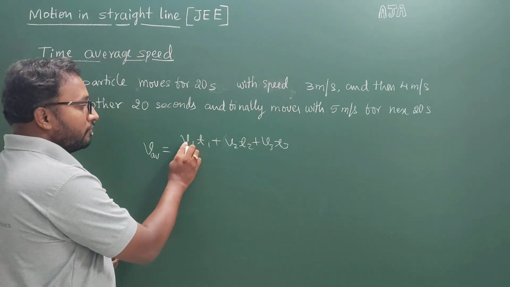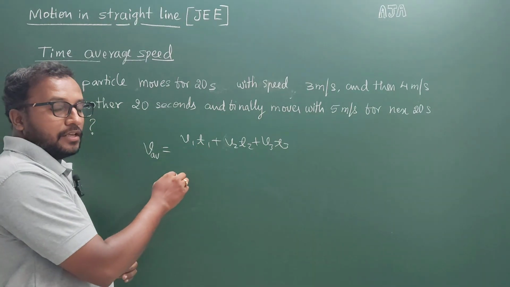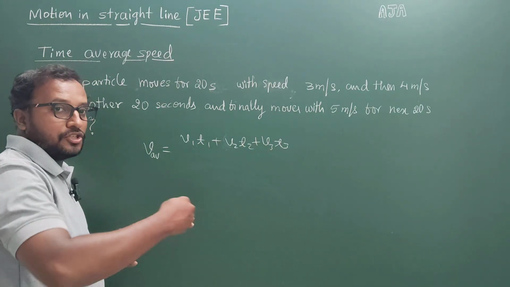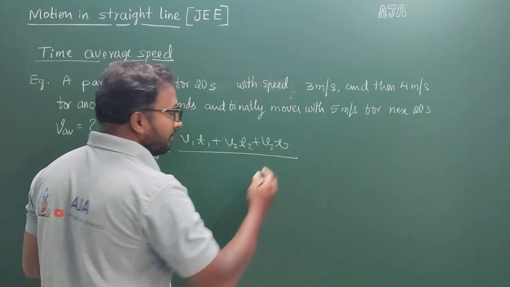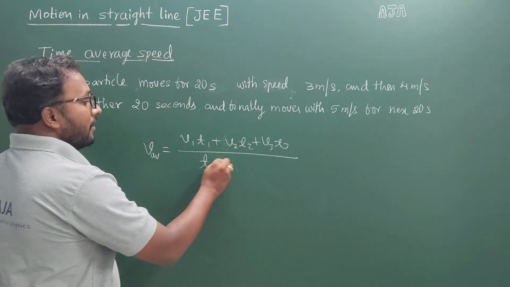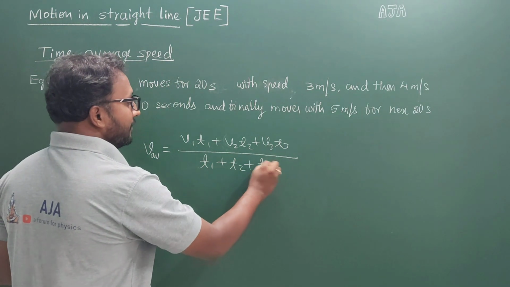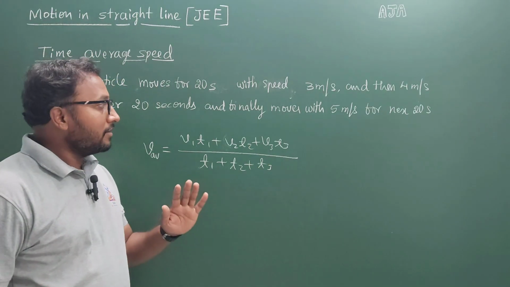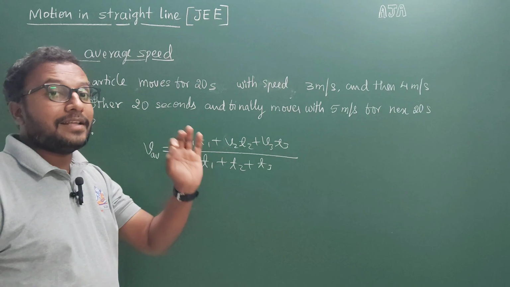The product of speed and time gives us the distance covered in each 20 seconds, divided by t1 plus t2 plus t3. Here all the time intervals t1, t2, t3 are exactly the same, which is 20 seconds.